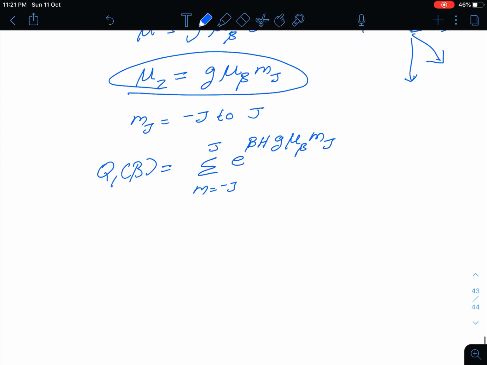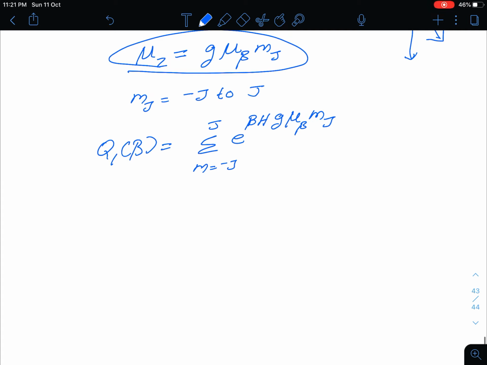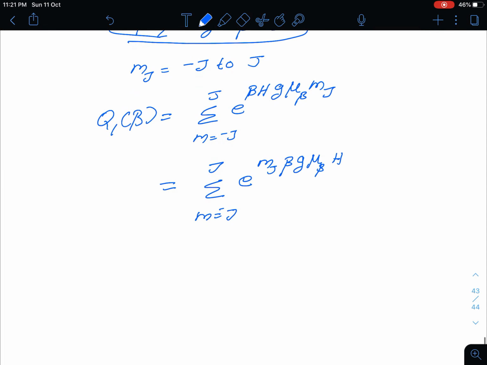Clear? Good. Now ഞാനിതിനെ കുറച്ചുകൂടി എൻ്റെ സൗകര്യത്തിന് വേണ്ടിയിട്ട് മാറ്റി എഴുതാണ്. m_J is equal to minus j to plus j, e raised to m_J, ഞാൻ ആദ്യം എഴുതാണ് m_J beta g mu B h. ഓക്കെ, ചെറിയൊരു സൗകര്യത്തിന് വേണ്ടിയിട്ടാണ്.